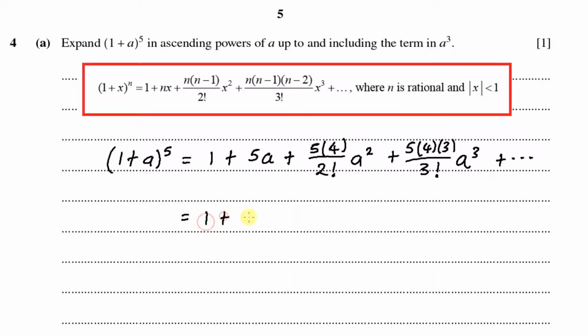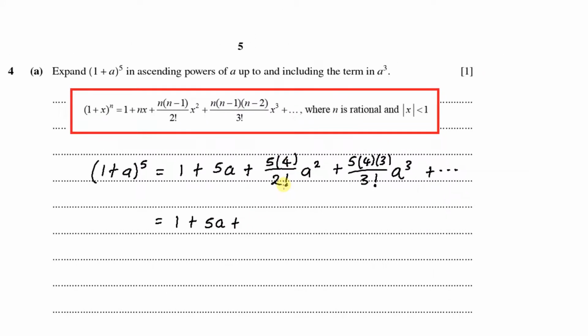So that's 1 + 5a + 5 times 4 over 2 factorial. That's the same as 5 times 4 over 2 times 1. So I can divide 2 into 4, so 5 times 2, that's 10. So I'll have 10a squared.